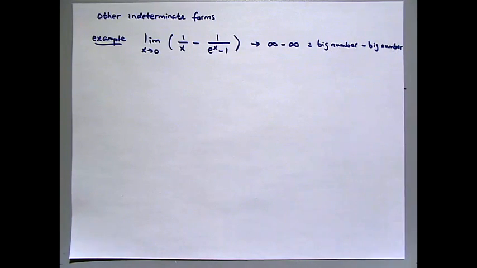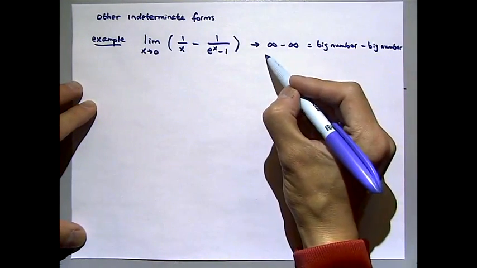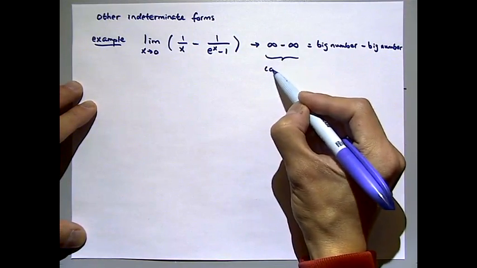And in that case, the difference is 1 trillion. So we don't know which one is bigger. And the end result, just by looking at that, is not something we can tell. We don't know what it will really turn into without doing more to it. So just by looking at it right now, we can't say anything about what it's going to do. This is not something we can use L'Hopital's rule directly.